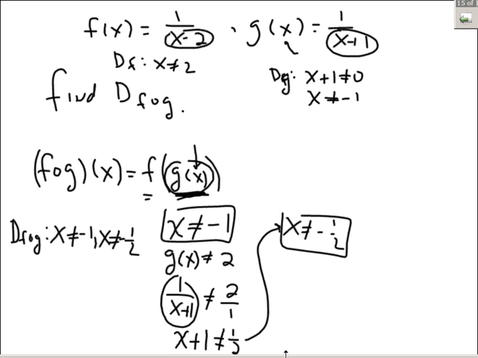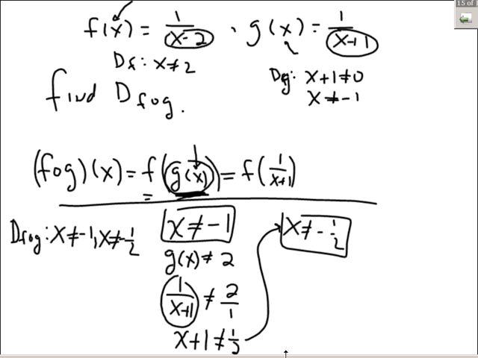Now, if in addition they ask us to find f circle g of x, well, it's f of g of x, which is f of 1 over x plus 1. All right. Now, what does f do in words? What does f do to what goes in the brackets? Well, first, it puts it in the denominator, and it takes away 2. And it puts a 1 on the top.